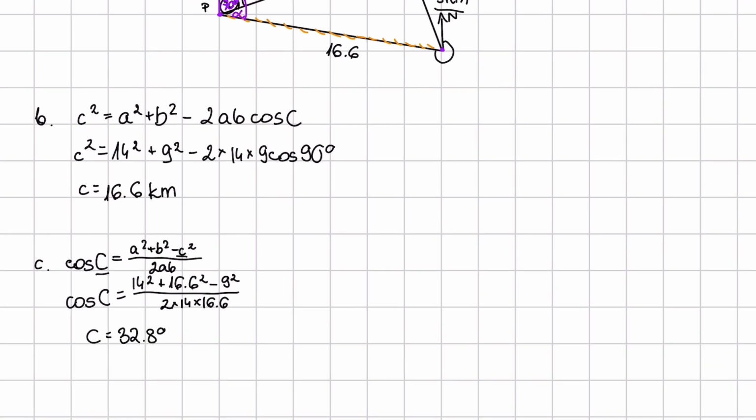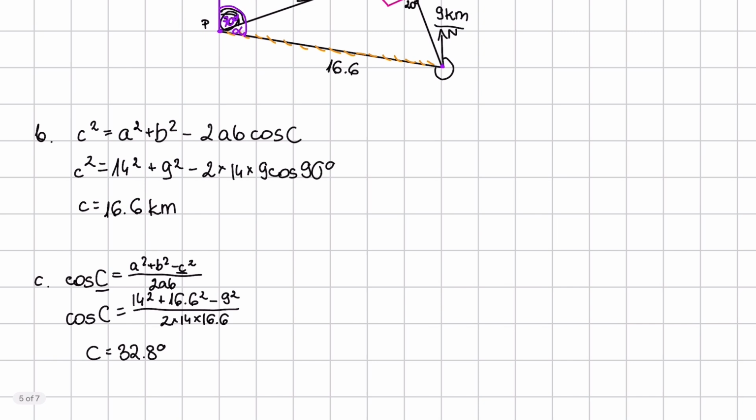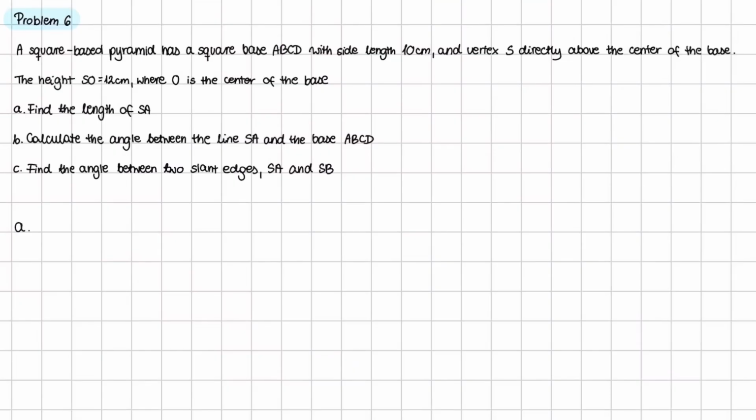So this is our angle, and this is not the final answer because we have to do one more thing. So 70 plus our answer, 32.8 degrees, equals 102.8 degrees, and this is our final answer. Problem 6.